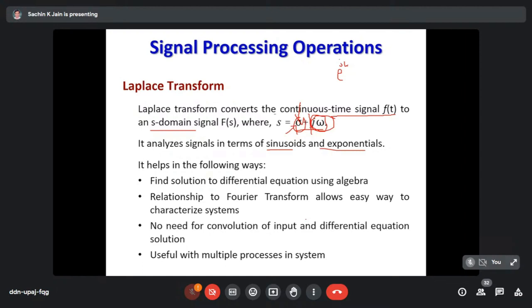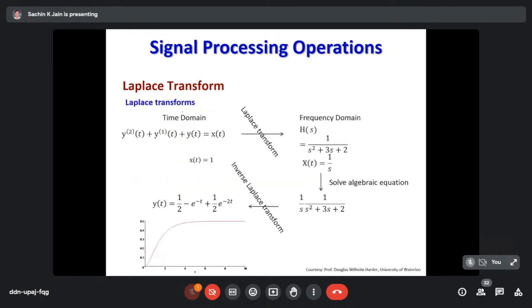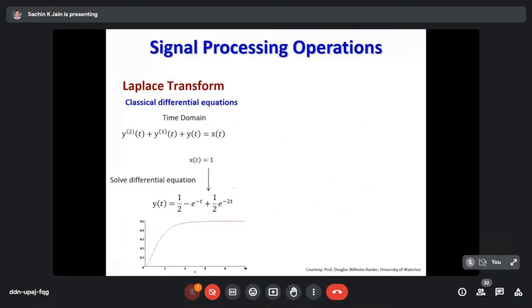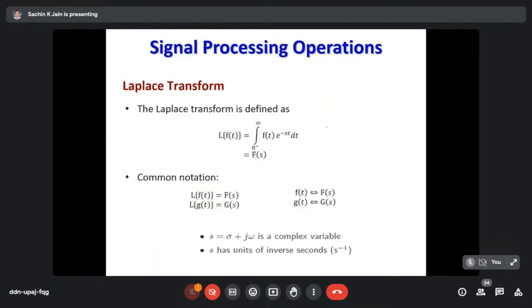This is an illustration of how it is done in the time domain using the traditional method. Through the Laplace transform, we first convert into the Laplace domain, solve it as a normal algebraic equation, and take the inverse Laplace transform, and we get the same solution. So we use any transform for simplification purposes.